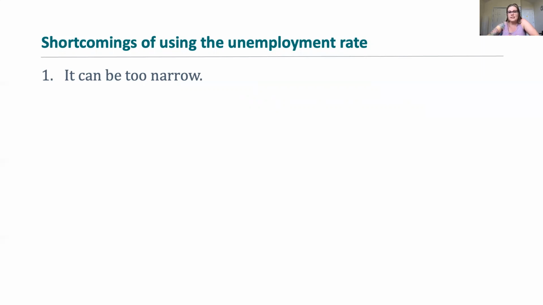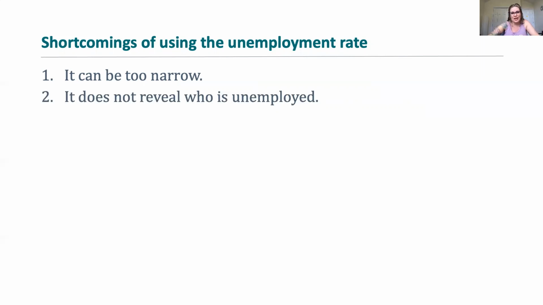What the unemployment rate doesn't measure is all the people who want to work, but have lost hope and are no longer looking. Second, the unemployment rate doesn't reveal who is unemployed. And so it doesn't really help us to understand how we could create policies to address those issues, since we don't know who we're trying to help.